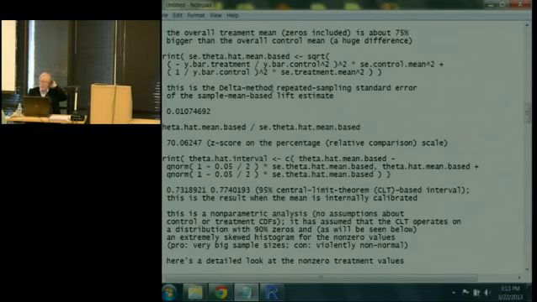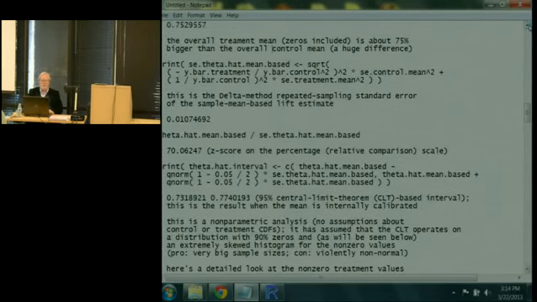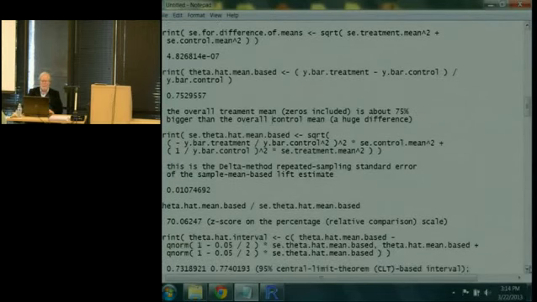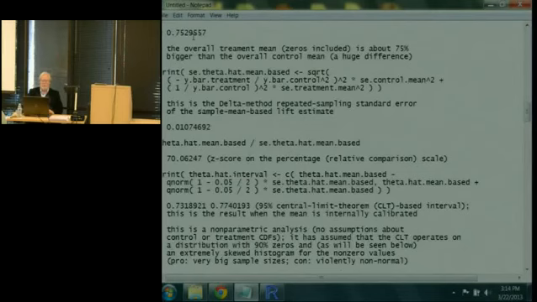Now you can do a Delta method calculation, which is based on a Taylor series expansion to linearize the particular function we're interested in, because the function we want is of Y-bar treatment minus Y-bar control over Y-bar control, and that's a function of two random variables, so you have to do a little Delta method calculation to work out what its standard error is. And if you don't remember how to do that and you want to know, you can email me and I'll tell you.